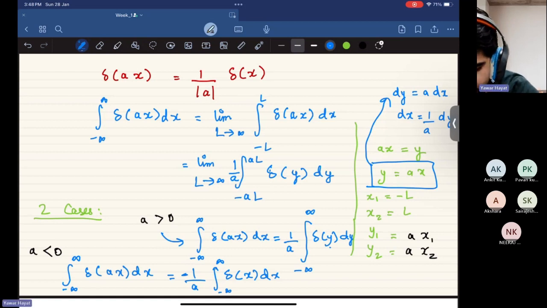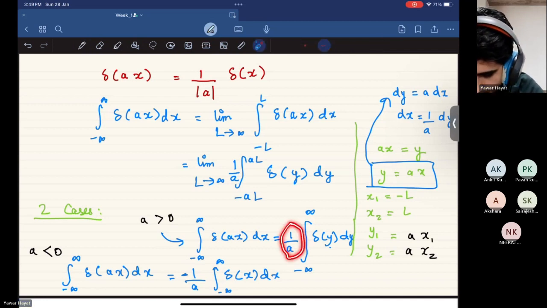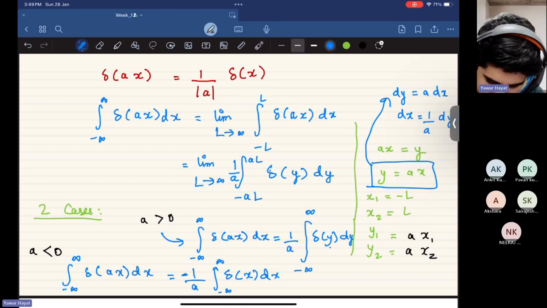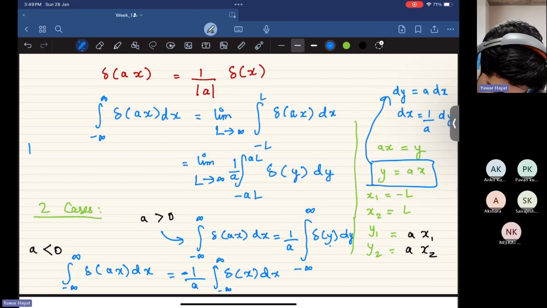Right. Let's see what's happening. When a is greater than 0, this a is positive, right? And when this a is less than 0, we are defining this as minus 1 by a, so minus a. And that is how we define a modulus function, right?